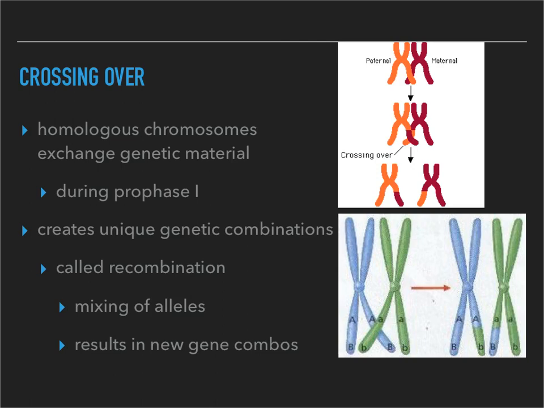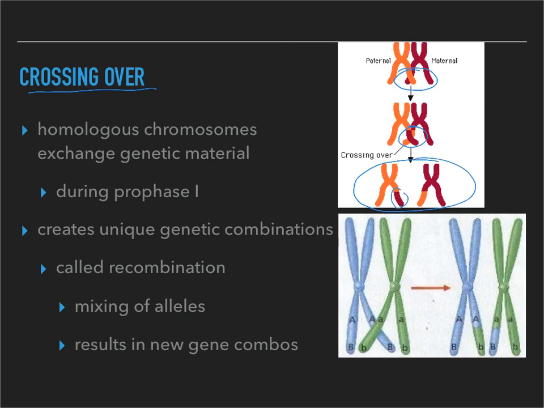So, as I mentioned last slide, crossing over happens during prophase 1 of meiosis. Homologous chromosomes are going to exchange genetic material. The homologous chromosomes will kind of wrap around the arms like so, and they'll break off and reattach, forming two slightly different chromosomes.